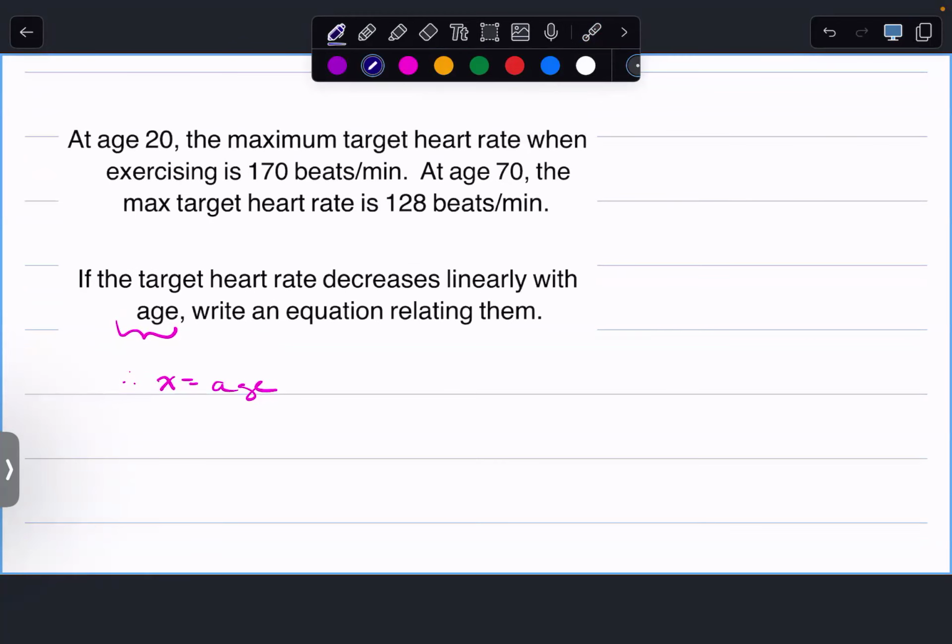Which tells me that f of x1, we're given at age 20, the target heart rate, so let's see here. I'll do h of age, h of a, heart rate at age.